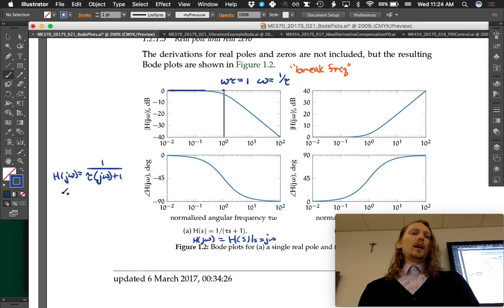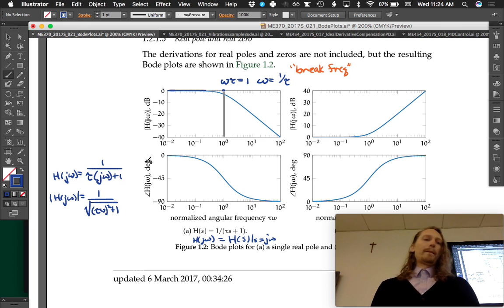So the magnitude of h of j omega is equal to the magnitude of the numerator, which is 1, and the magnitude of the denominator. This is a complex number, so you have to take the square root of tau omega squared, the imaginary part, plus 1 squared, just 1. So that's what the magnitude looks like.